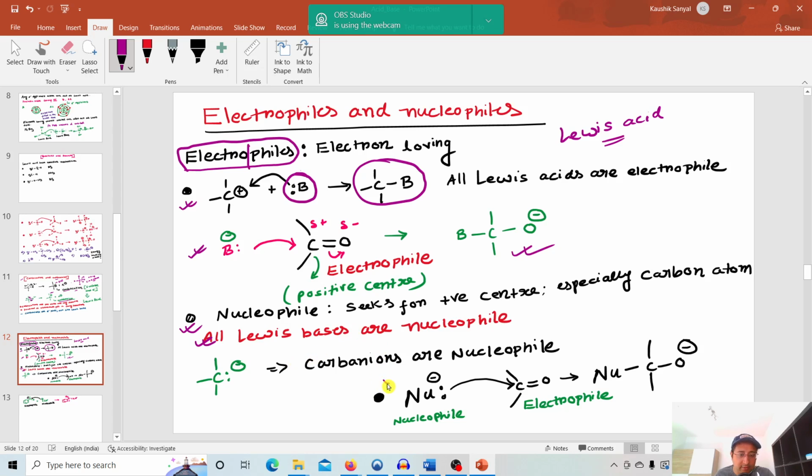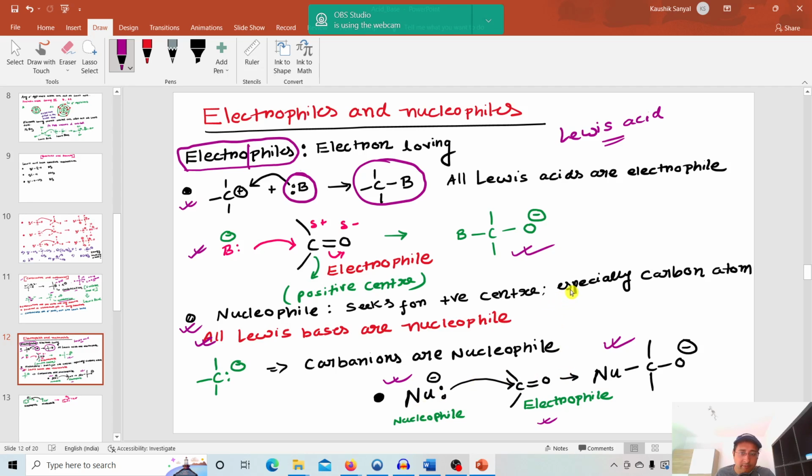You can see this is a nucleophile with an excess negative charge, or excess electrons. It will try to give them to an electrophile, the carbonyl group in this case, and form a neutral compound. This is called the nucleophile.